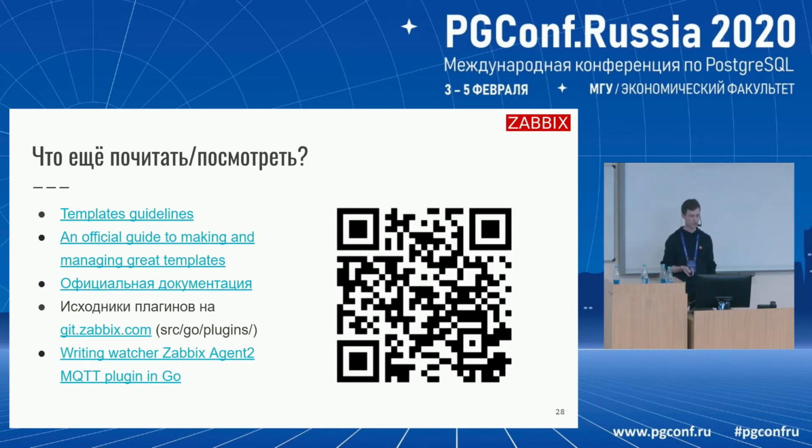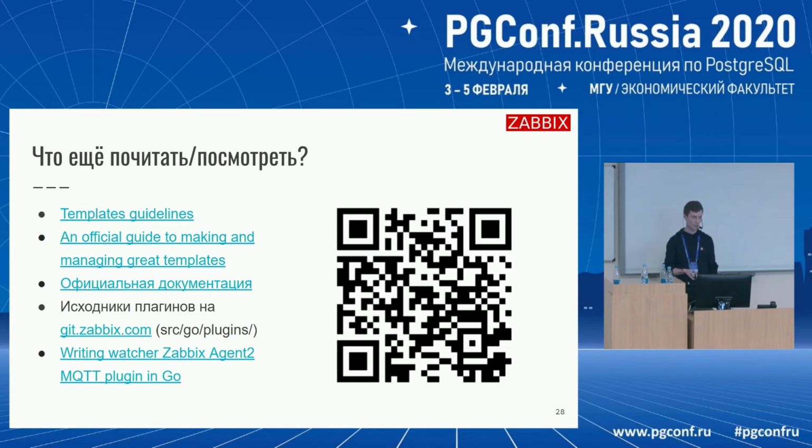If you want to go deeper into this topic, I have collected some helpful links. You can get them by scanning this QR code. I recommend you take a look at our official guide, where we have collected our best practices and recommendations on managing templates. And also you can read the official documentation.